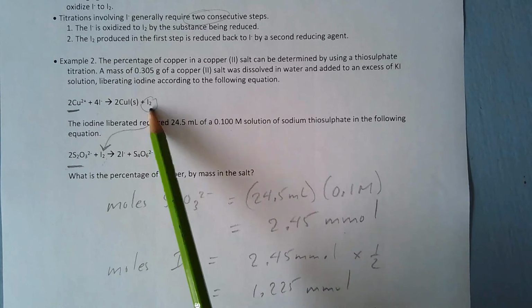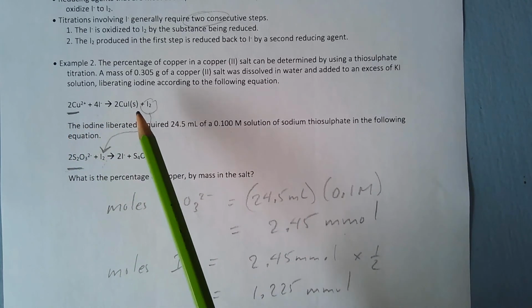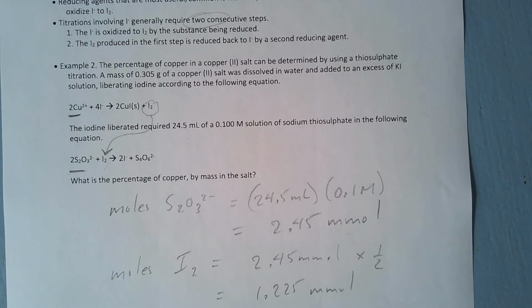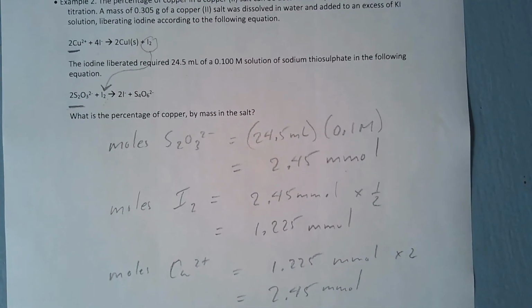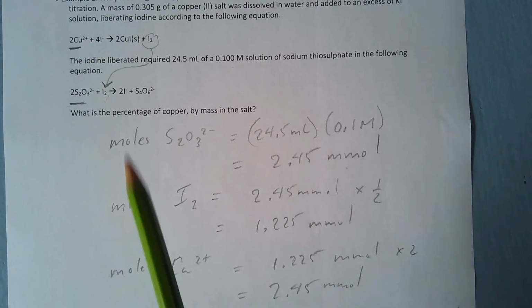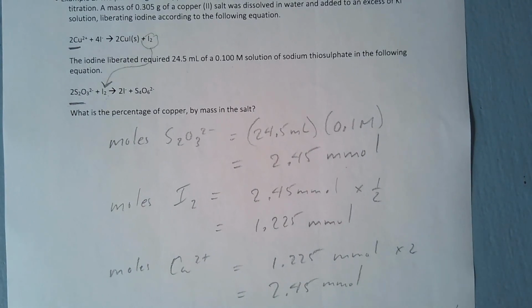And so now that you have the iodine, use that to figure out the copper. Okay, so this is basically stoichiometry involving two reactions. And so to find the copper now, you multiply that by 2 because there's 2 coppers for every 1 I2. And so this is the amount of copper we have.